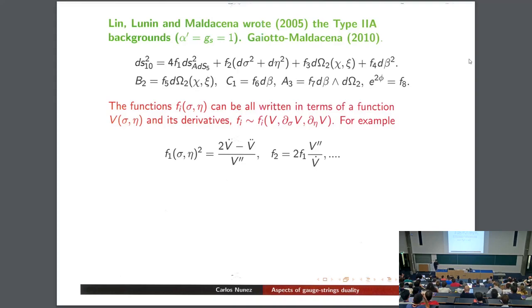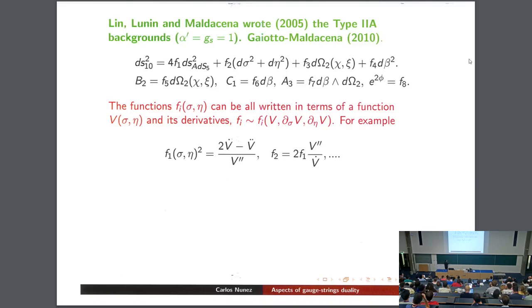So it's quite a difficult problem to solve, but it happens that if you start operating with these partial differential equations, you are able to solve algebraically almost for all the functions F1 to F8 in terms of a given function. I will refer to it as the potential and its derivatives with respect to sigma and eta. So this is an expression for the first function, that's an expression for the second, etc., etc.